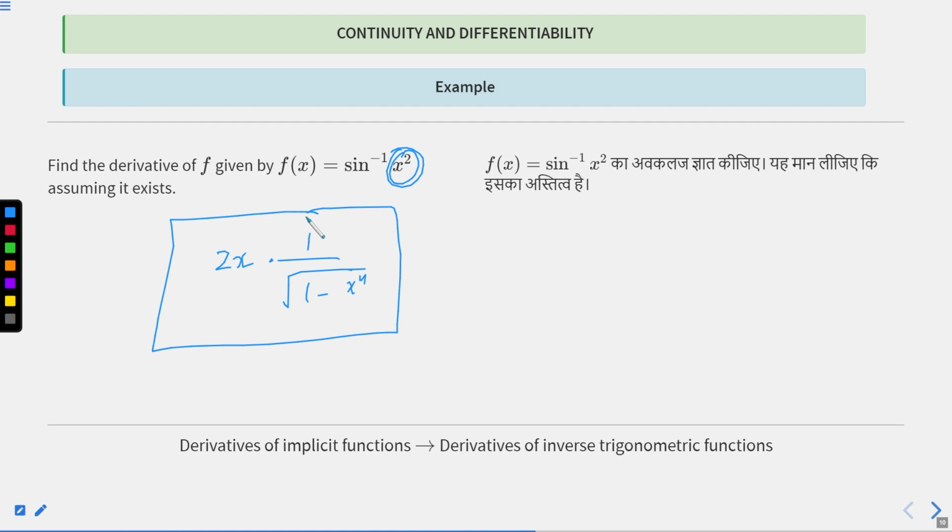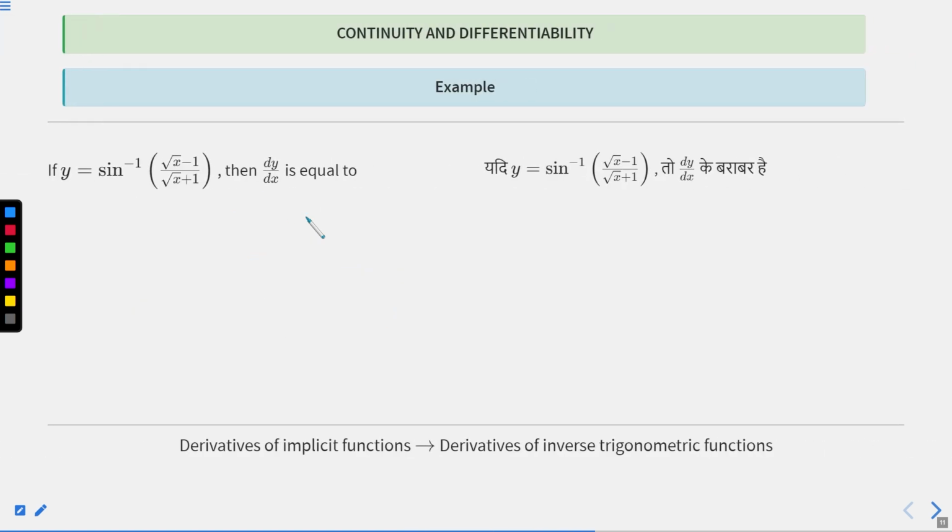Here, y is equal to sine inverse of root of (x minus 1) by (x plus 1). Then you have to find the derivative, dy over dx. Very simple. So how are you going to find it?